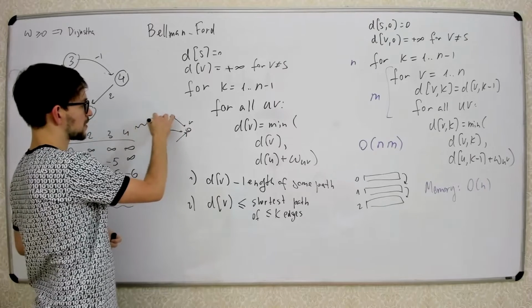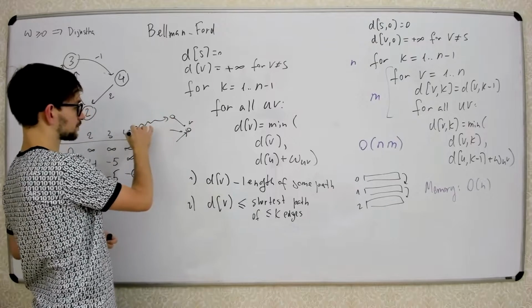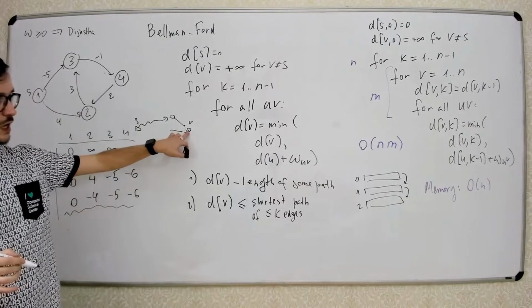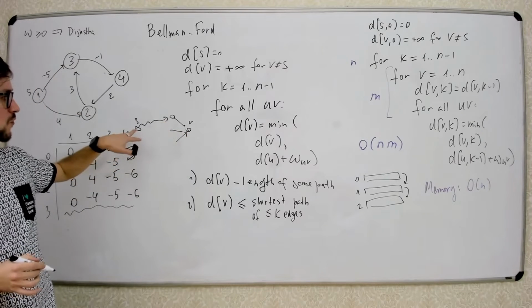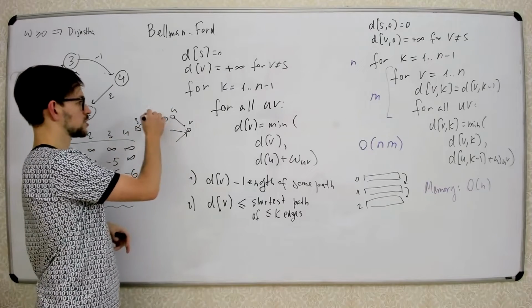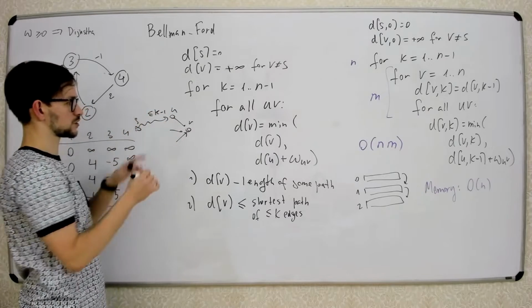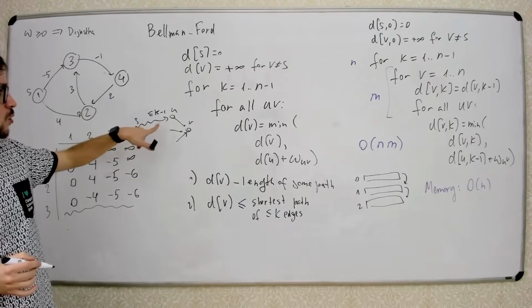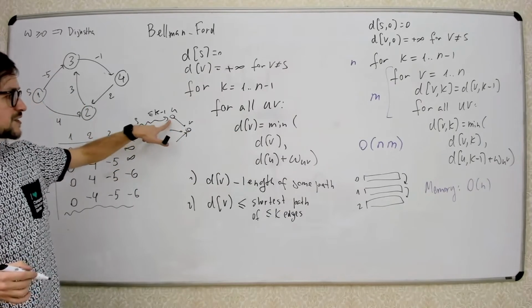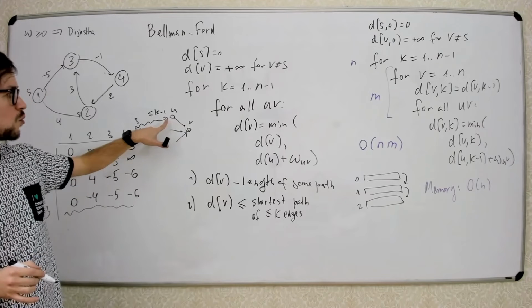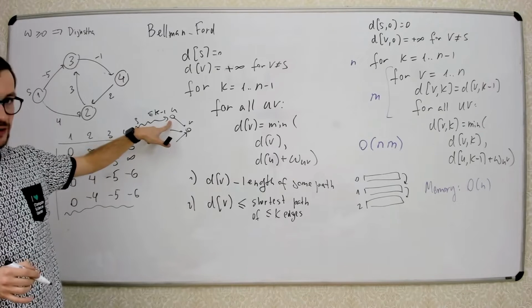So if there is a path of at most k edges from S to V, there is a path from S to U which contains no more than k minus 1 edges, right? So we will iterate through all edges, so we will find this edge. For this edge, we will find some path from S to U which is not worse than this path.